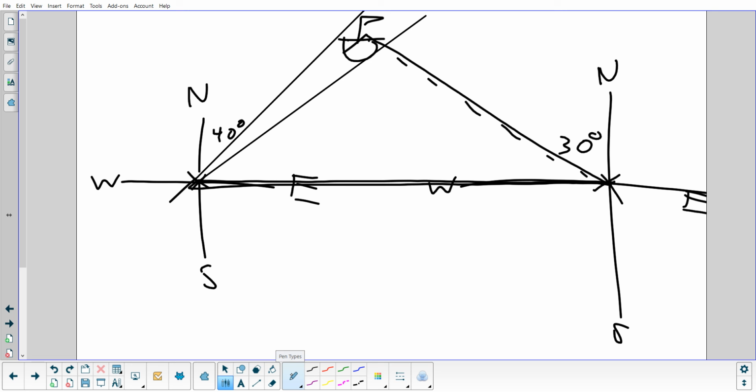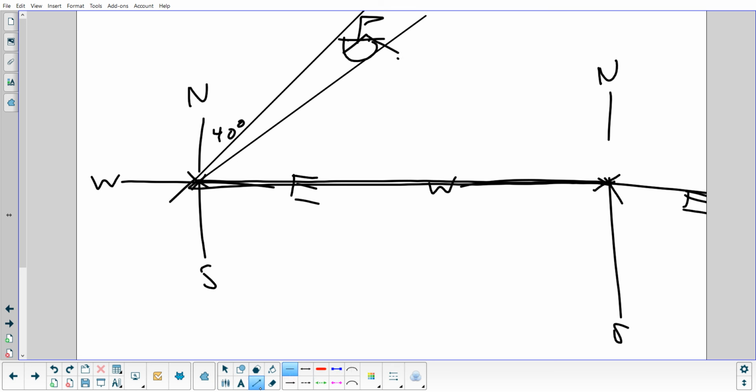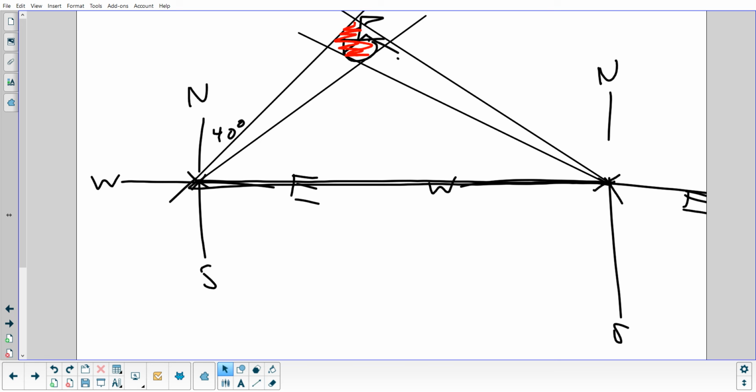We don't know exactly, but we know that as you head further out, it's going to be somewhere in that area. And then this station could kind of do the same thing. They say, well, based on our equipment, we have a little bit of error, but we know the boat is like that. So essentially what you have now is something like this. You have a search area.